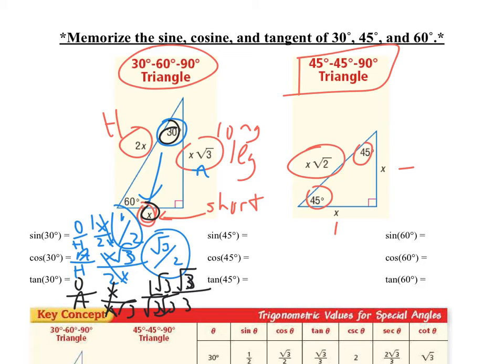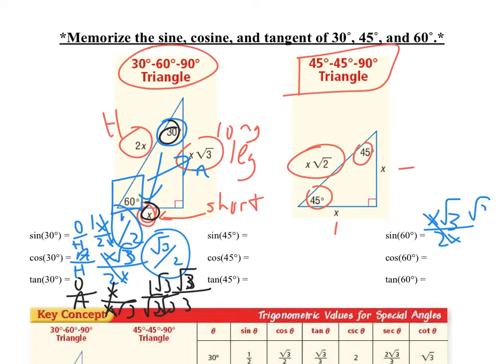And while we're in the 30, 60, 90 triangle, let's go over to the sine of 60. If I go to the 60-degree angle, so now I'm looking at this angle right here. Sine is opposite over hypotenuse, so opposite would be x square root 3 over hypotenuse 2x.